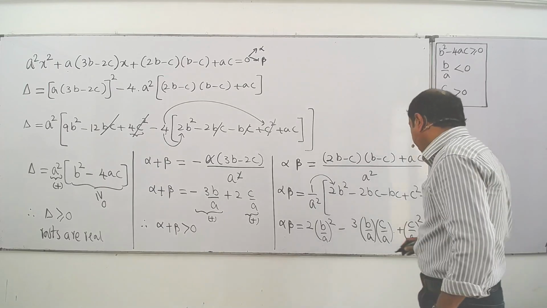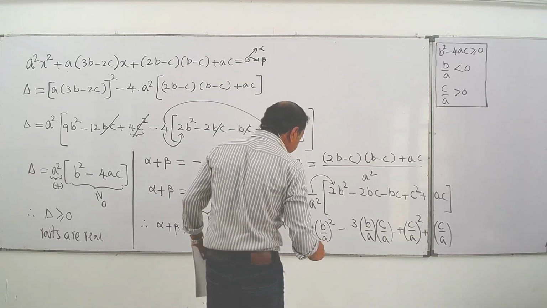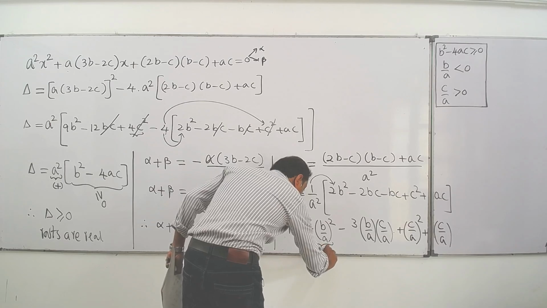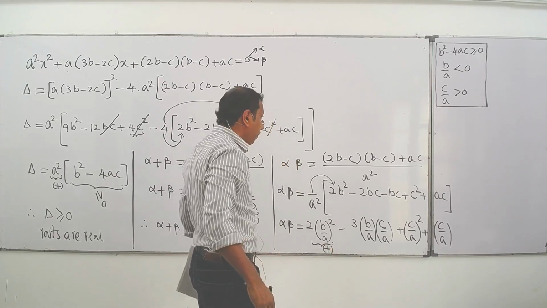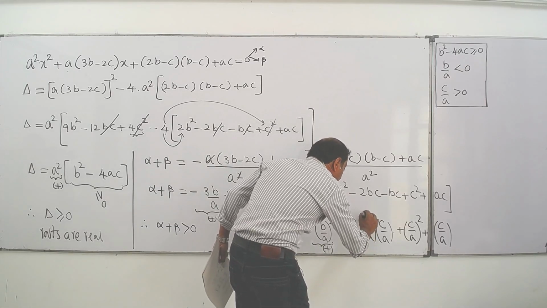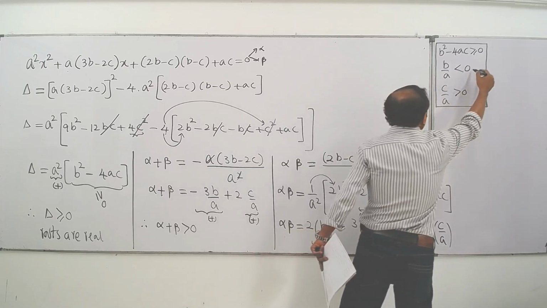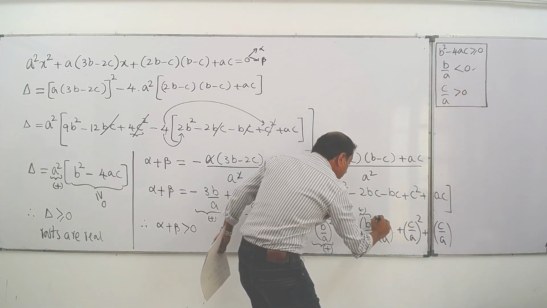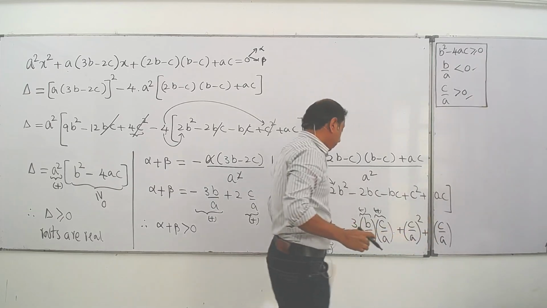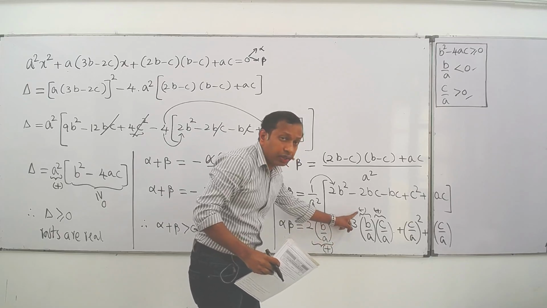Okay. You can see, people, this is positive since it is a perfect square. Right. Here, b over a negative. Look at this. Negative. C over a positive. Then here negative, here positive.